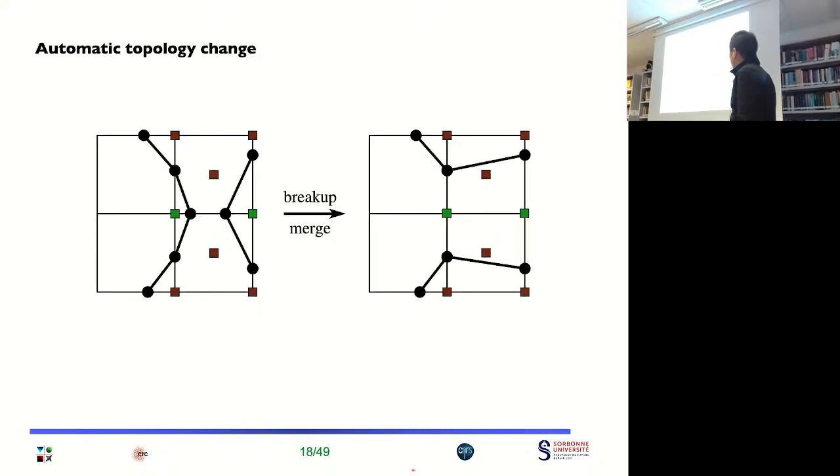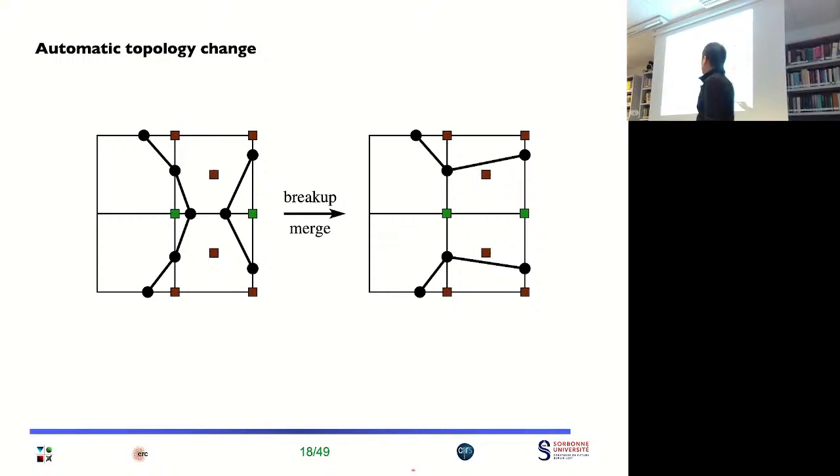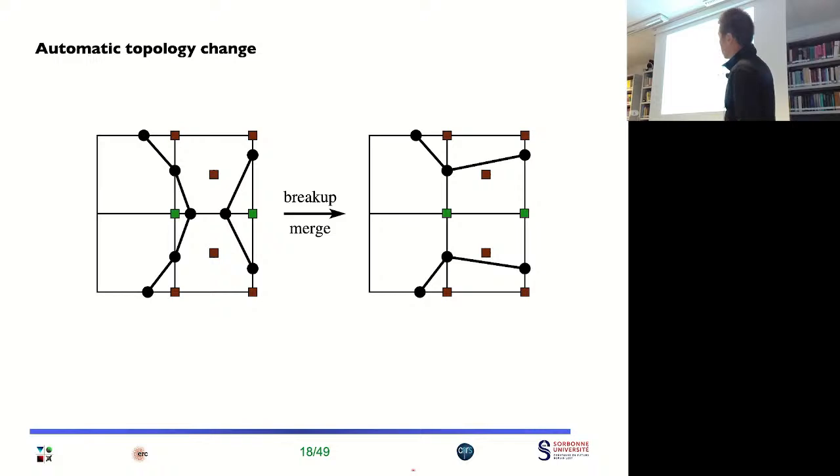Due to the restriction of the number of markers on a cell edge, topology change will take place automatically when 2 markers move into the same edge. This is also the only topology change mechanism in the current version of the EBIT method.